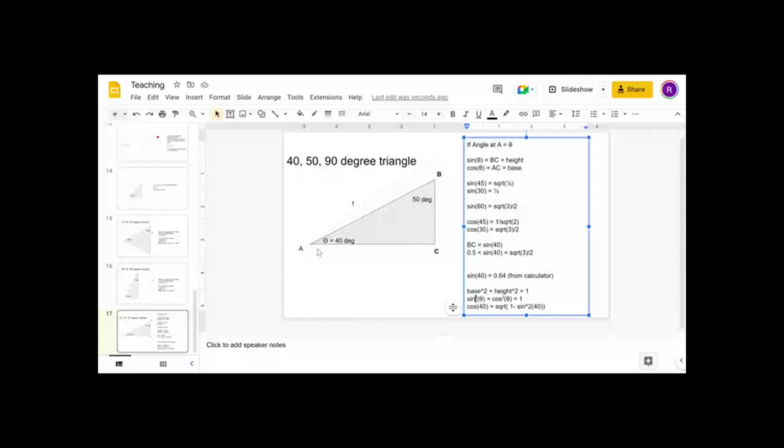And by Pythagoras theorem, sine squared theta plus cos squared theta is always 1. For certain angles theta, like 45, 60, 30 degrees, you can tell what sine theta and cos theta are. But for other angles, you have to use a calculator or a table. In the old times, they used tables. Now they use calculators. So this is just the basics of trigonometry.